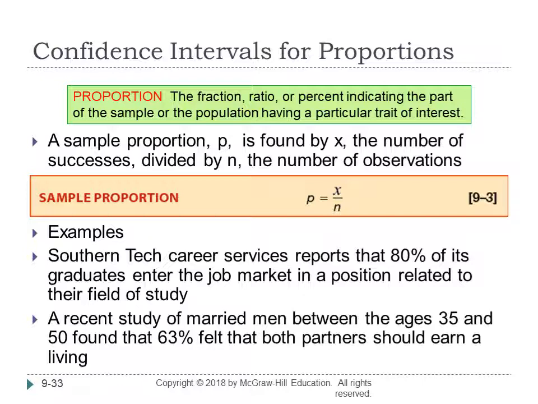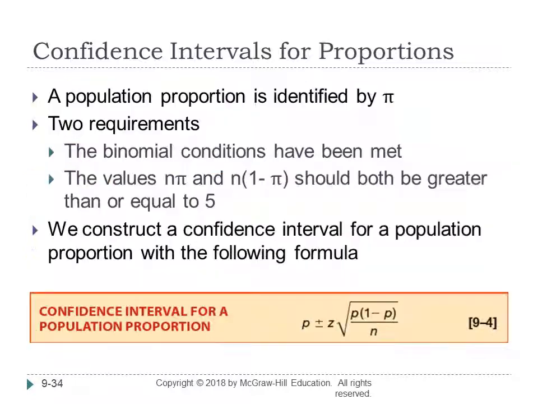Again, 63% is a proportion for a certain group who believe that both husband and wife should earn a living. We will see more examples of a proportion and also see how to calculate confidence intervals for a proportion.